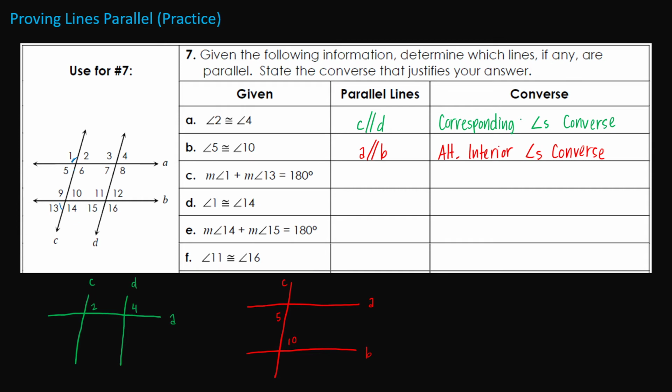If I'm just focusing on the left side of the diagram, I see that they are consecutive exterior angles. And since they're supplementary, that means that lines A and B are parallel. Lines A and B are parallel, and that's because of the consecutive exterior angles converse.